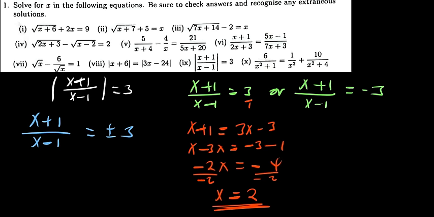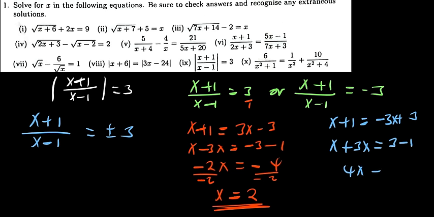Let's do the one for the positive. If I cross multiply, I'll end up having negative 3 plus 3, like that. So I'll have x plus 3x is equal to 3 minus 1, like that. 4x is equal to 2.